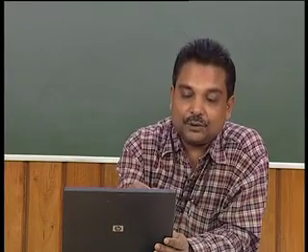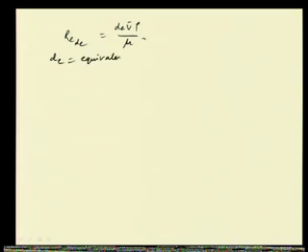When there is a flow through a non-circular duct, the Reynolds number will be written as Re_DE, and that will be DE v bar rho by mu. Now, this DE is called the equivalent diameter.